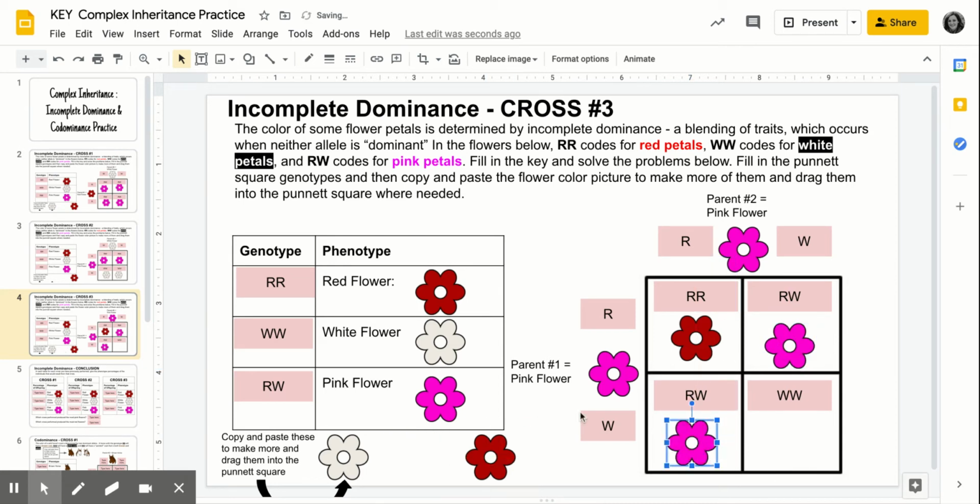And big W is white. So what we can see here is there's a 25% chance that two pink flowers would have a red flower offspring. There's a 50% chance, or half ratio, that it would have a pink offspring. And there's a 25% or a quarter possibility that the two pink flowers would have a white offspring.